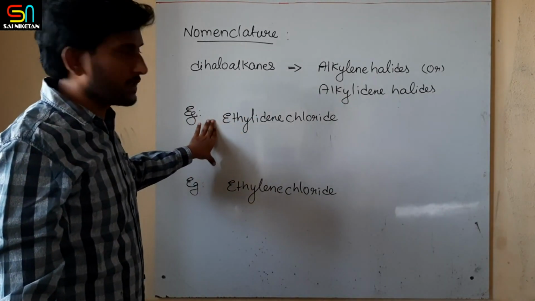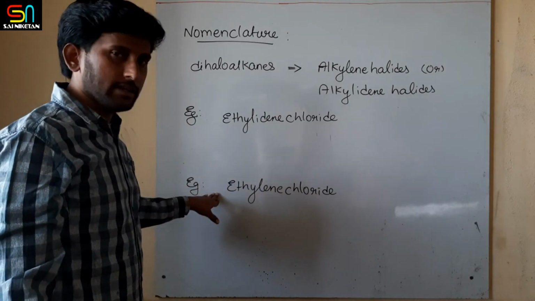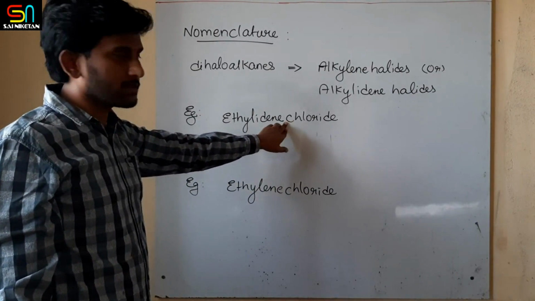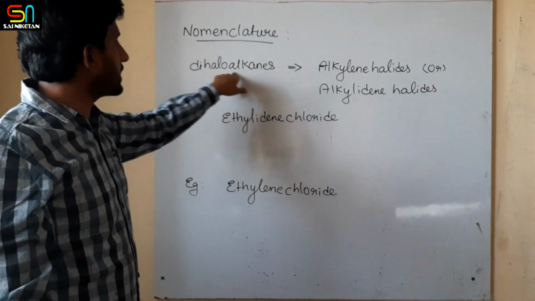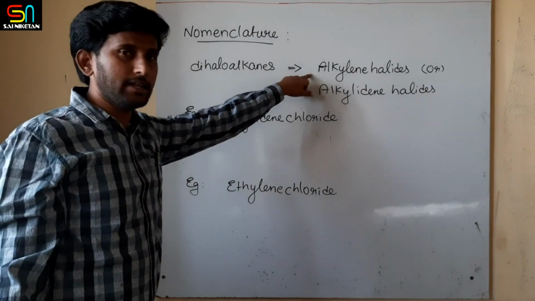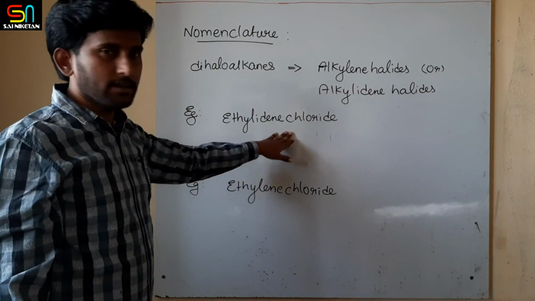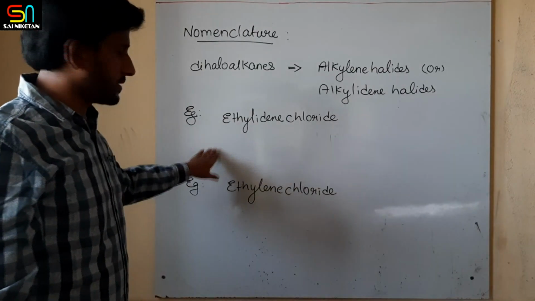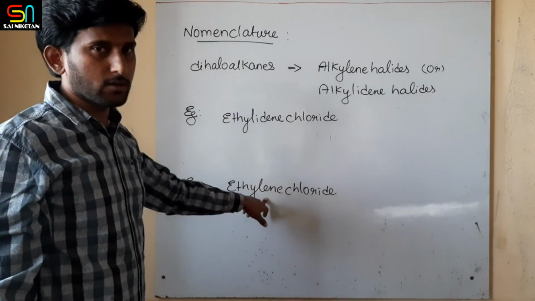Now, what is the difference between this ethylidene chloride and ethylene chloride? By the name, we are not representing it as a dichloride, but commonly dihaloalkanes can be called as alkylene halides, alkylidene halides, like that, ethylidene chloride, ethylene chloride. So when do you use ethylidene and when do you use ethylene chloride?